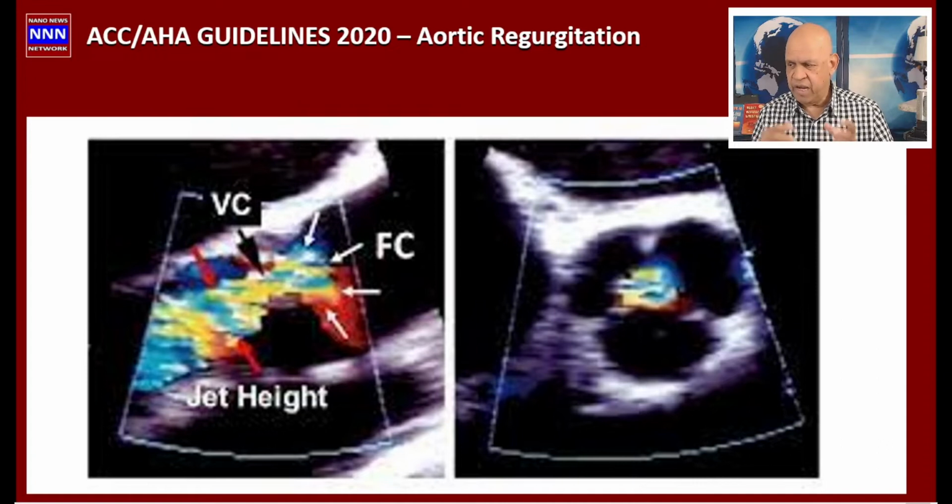So we have excellent methods to determine the location, the quantity, and the volume of the aortic regurgitation, along with the associated findings in the left ventricle, in the aorta, and many other structures, to make a very meaningful judgment as to what needs to be done with these patients.